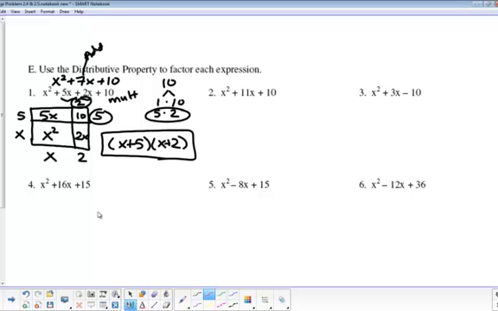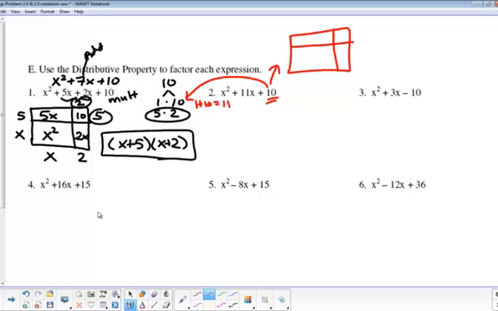You may want to pause again, try to do number 2, and come back and see if you did it right. This again is a 10. My only factors of 10 are 1 and 10, or 5 and 2. 1 plus 10 gives me 11.